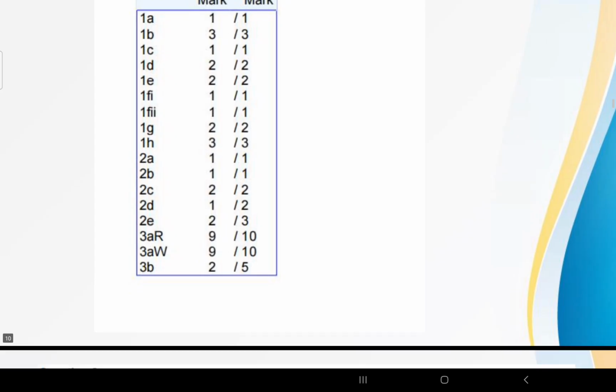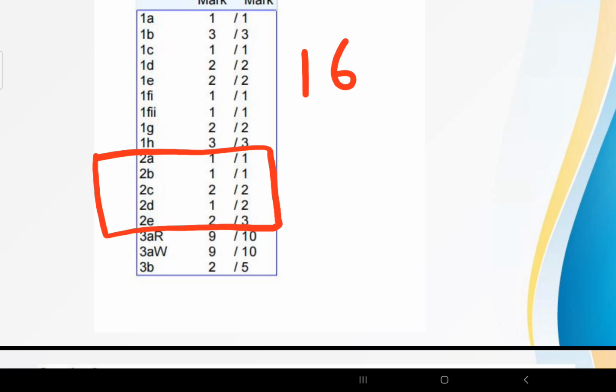Then have a look at this one. This child also got fewer marks here. He scored 16 here but 7 here. He couldn't get 2 out of 2 here, and here he got 2 out of 3.